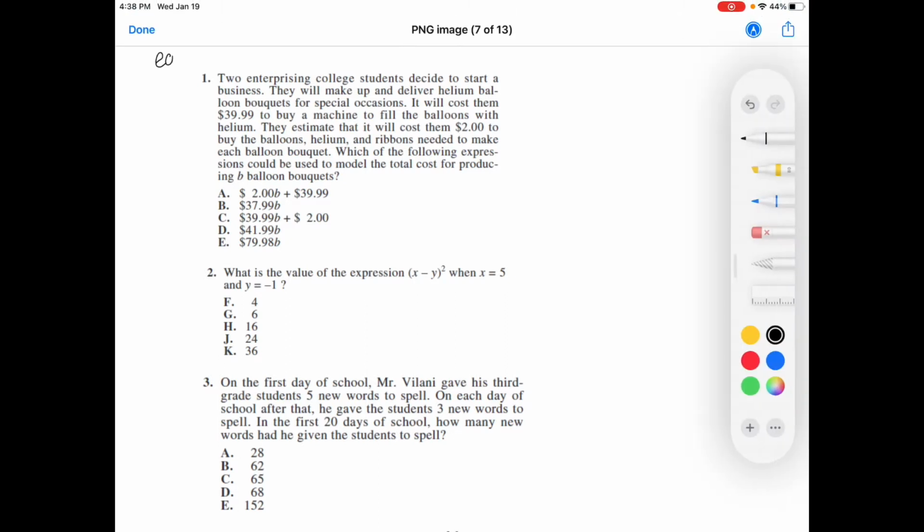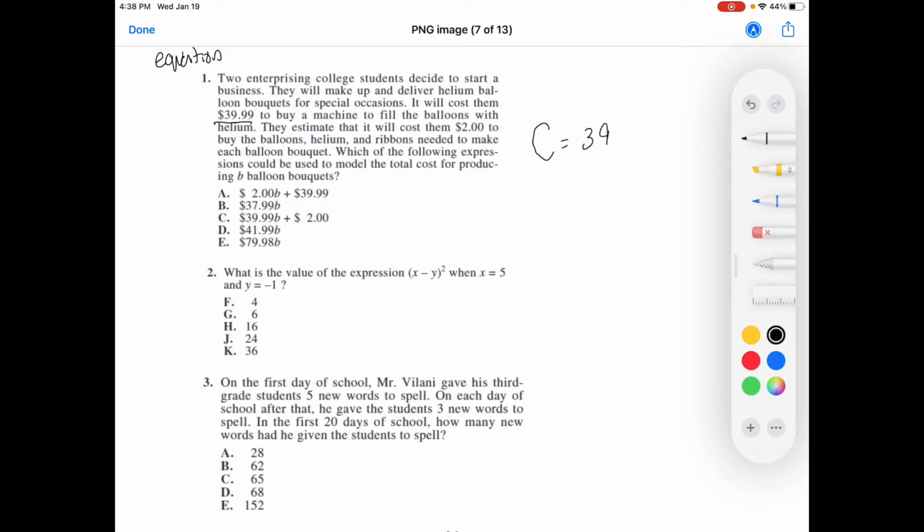Let's go over your ACT Practice 2 questions, starting with number 1. Number 1 is going to be an equation question. We have to come up with an equation for total cost, so we'll just call it C. Total cost equals, and we are paying $39.99 to buy the machine.